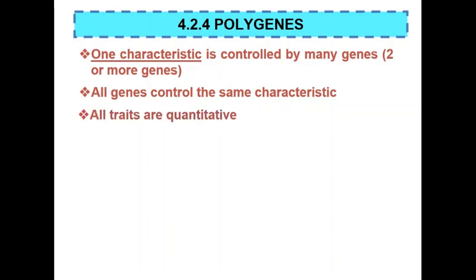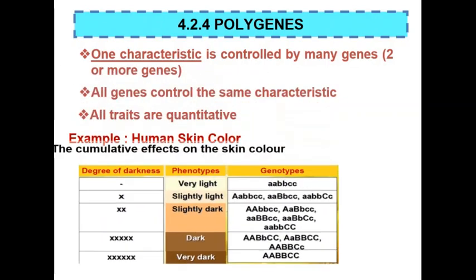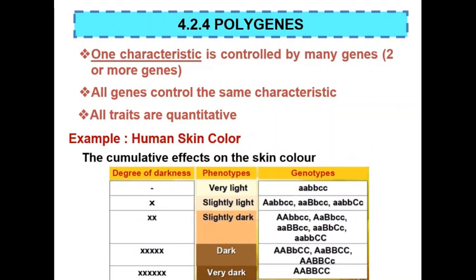In other words, they are measurable using a proper instrument. A common example of this is human skin color. Here we can see the cumulative effect on skin color. Note that the degree of darkness changes with the presence of the dominant allele for each gene.